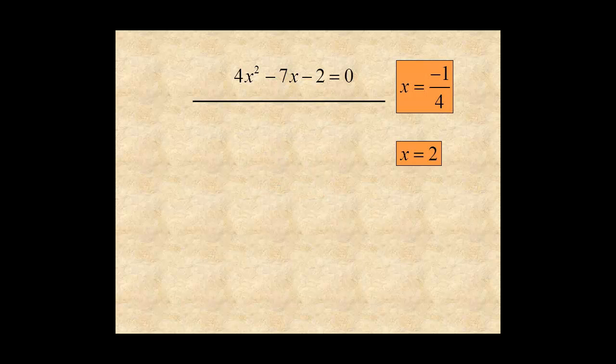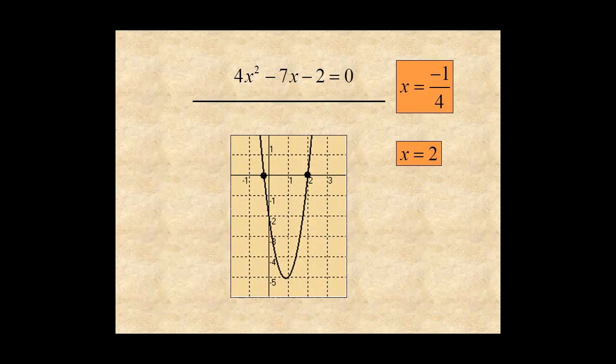Finally, since the solutions of the equation are the same as the x-intercepts of the related function, from the graph of the related function, you can see the solutions check. The intercepts are at negative 1/4 and positive 2.